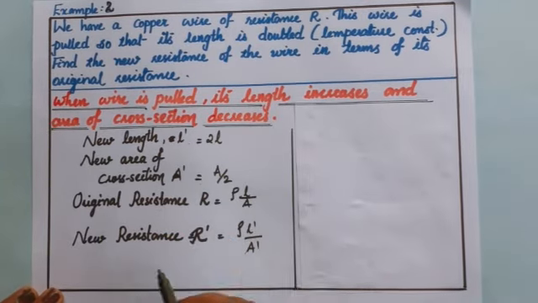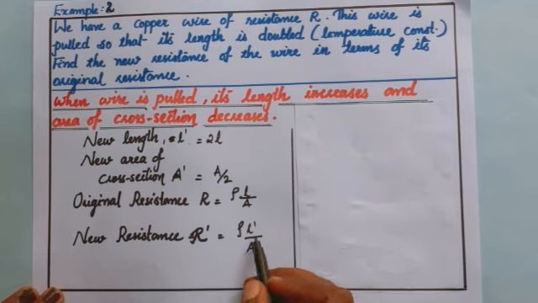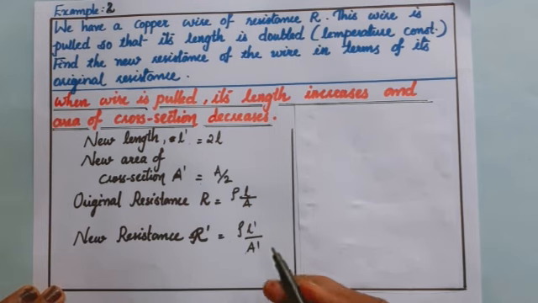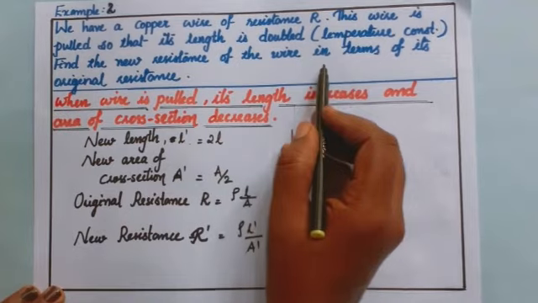The original resistance R is equal to rho L by A. The new resistance R dash is equal to rho L dash by A dash.